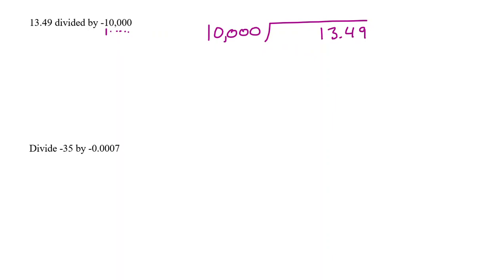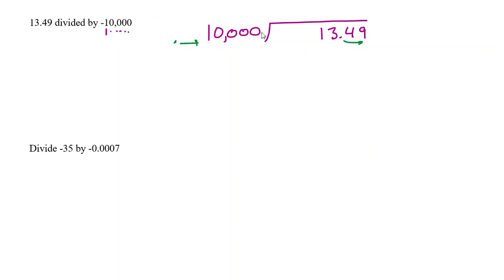Now, you would never do it this way. But imagine, if there had been a decimal point over here, I would have moved it over to the 1, and then I would move this decimal point over as well.